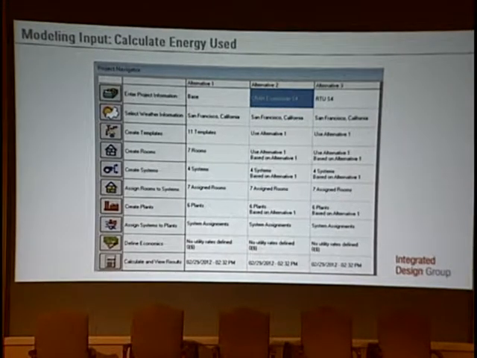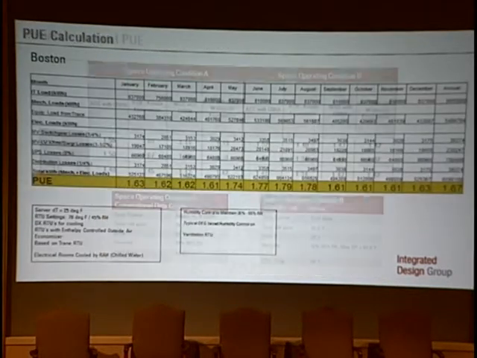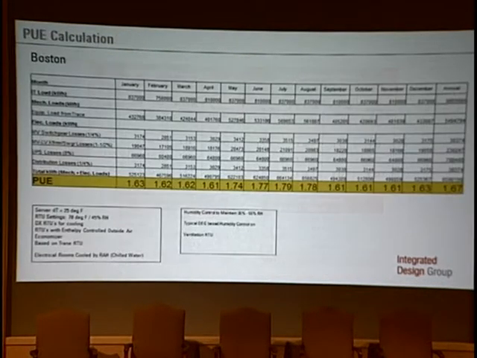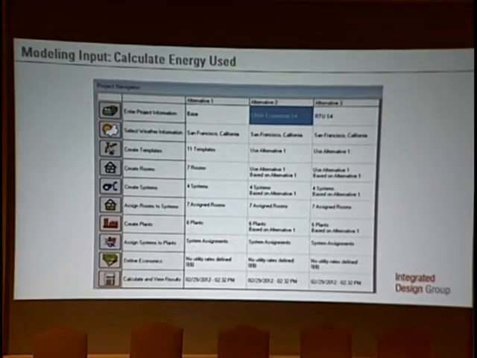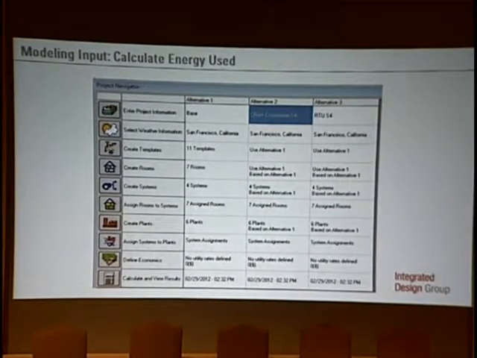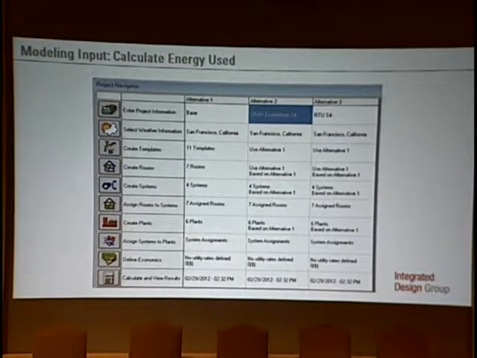And just to show you, this is the typical input. This one here is what we used for San Francisco. The inputs are all in here. We have 3 different alternatives in here, different systems that we used. This is just an example. That's the first step we do.